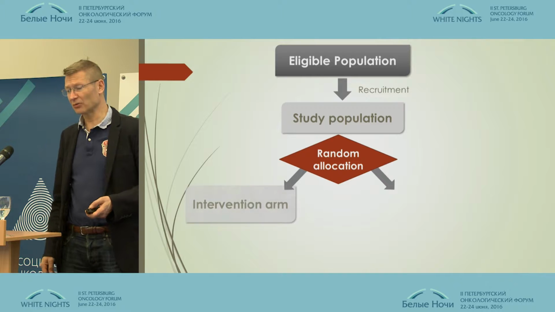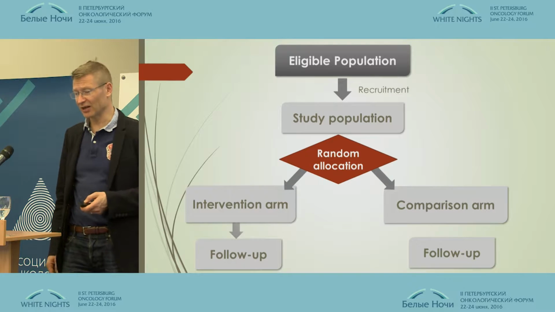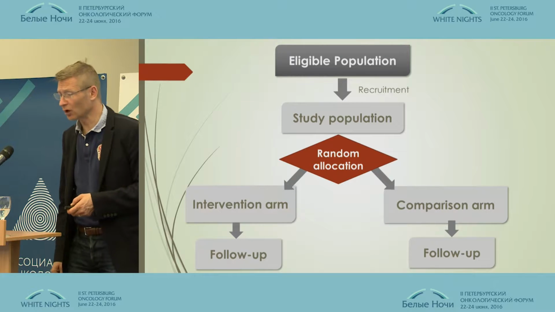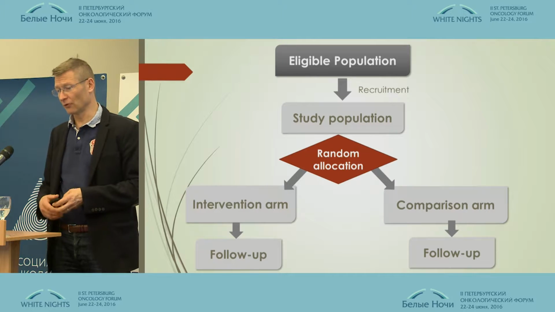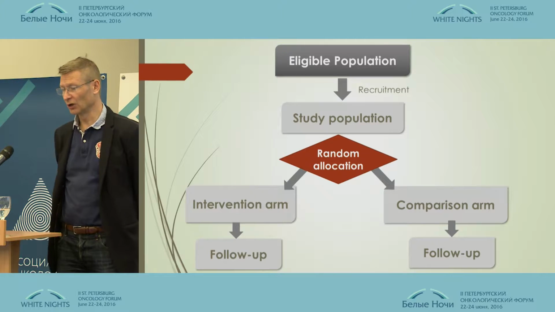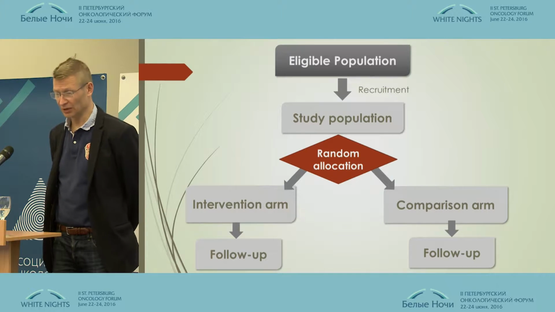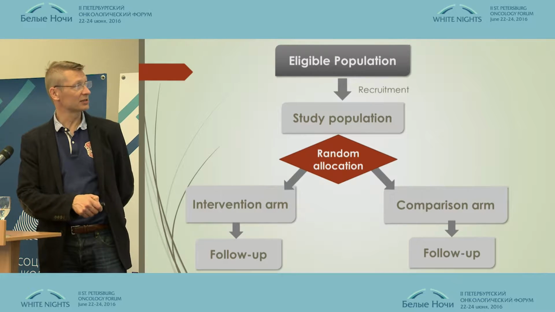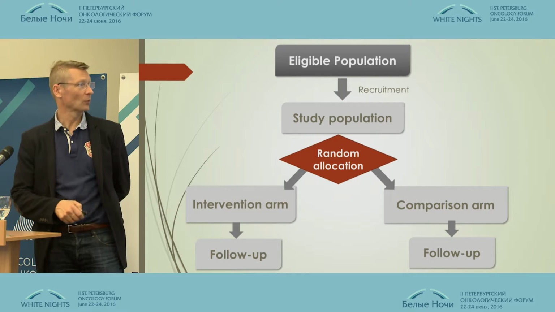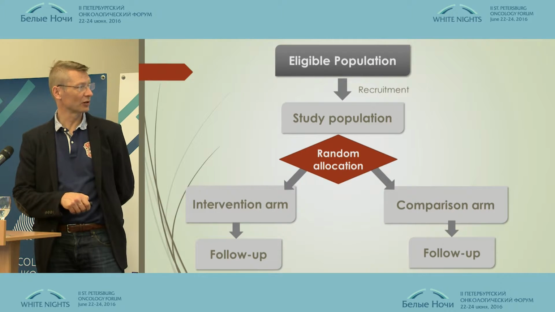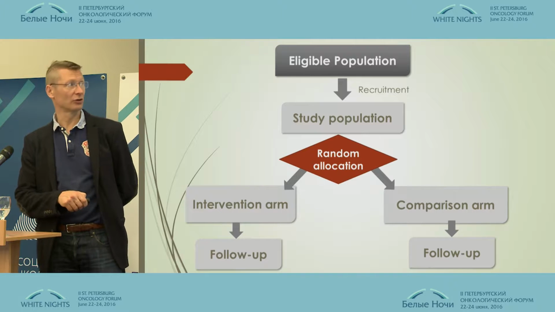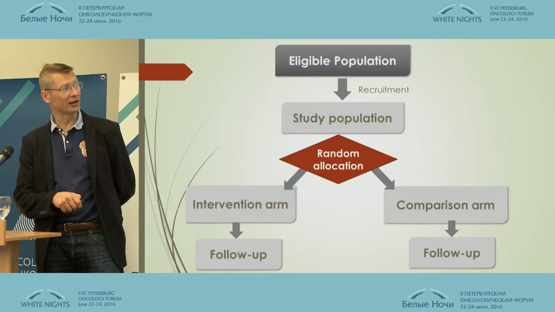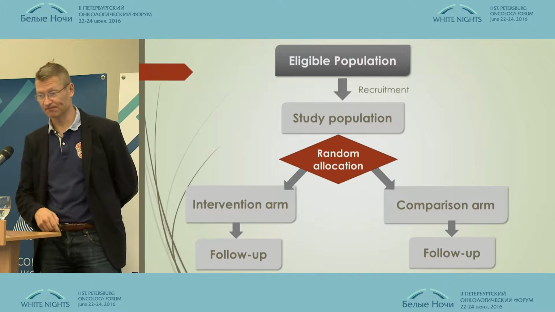Then we generate random allocation, which creates the 2 arms, and then we follow up for the outcomes. And what makes this a randomized study is this process in here. Of course, between the allocation and follow-up, there should be the intervention, administering the intervention, providing it for the study subjects.